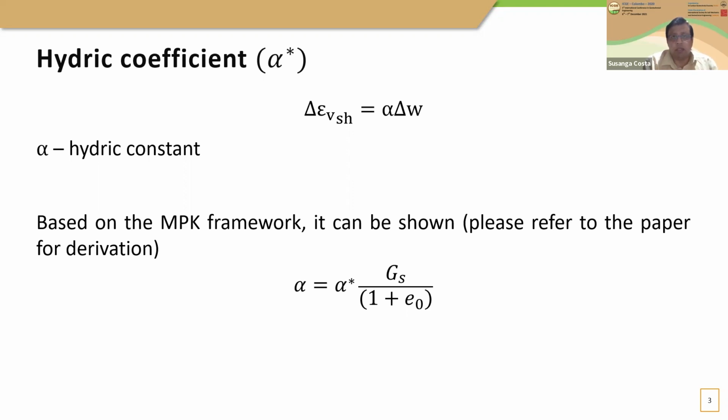In this relationship, alpha is related to specific gravity and initial void ratio, with another coefficient. We call this the hydric coefficient, a variable, alpha star. So in this study, we investigate the behavior of alpha star. We describe the volume change of expansive soils.